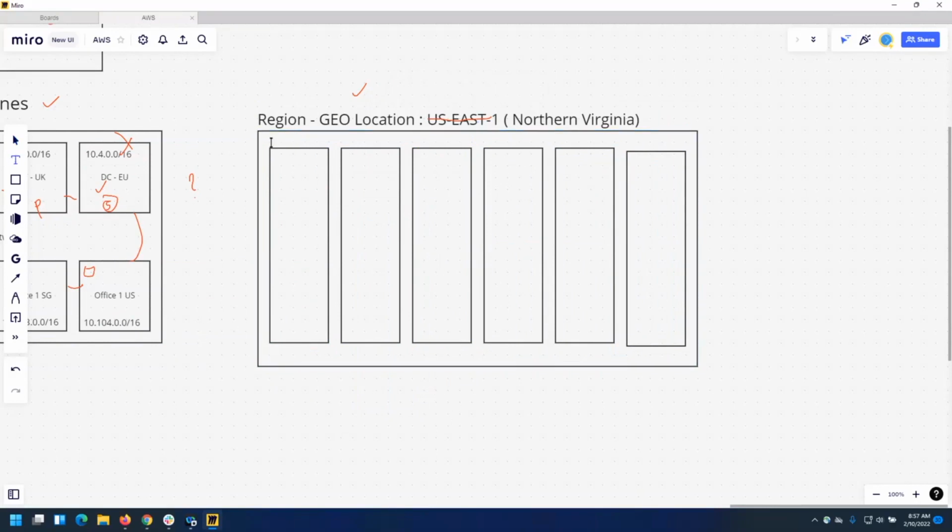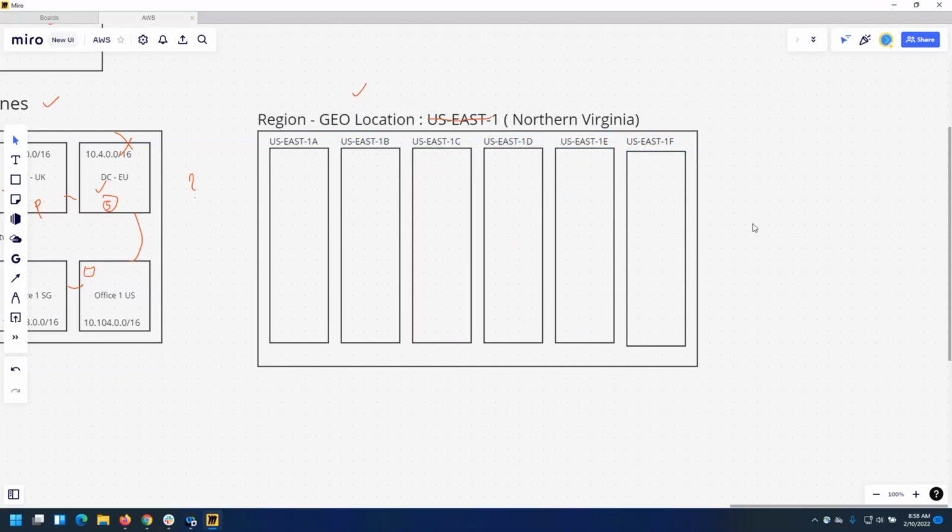So logically, what we call it as US-East-1A, 1B, 1C, 1E, 1F.